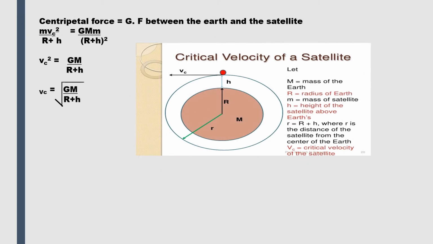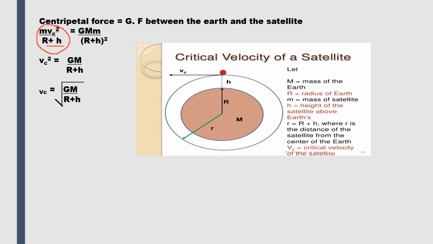Now the centripetal force is equal to the gravitational force between the earth and the satellite. What is the formula of centripetal force? m Vc square upon small r. But what is small r equal to? Small r is equal to capital R plus h, where R is the radius of the earth and h is the height of the satellite above the earth's surface.